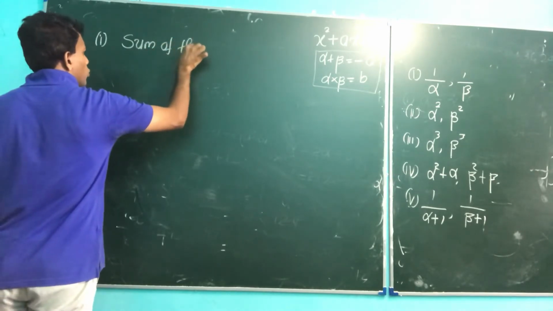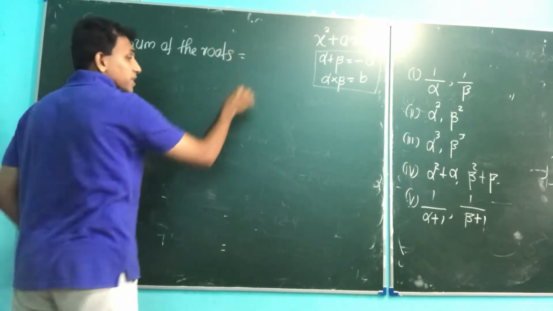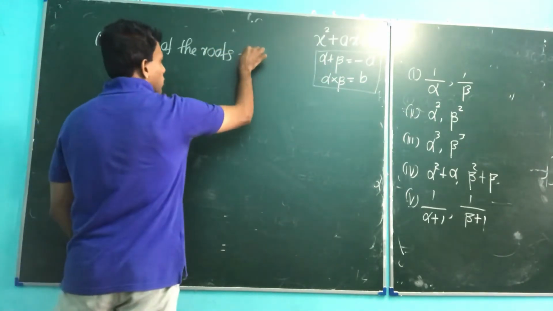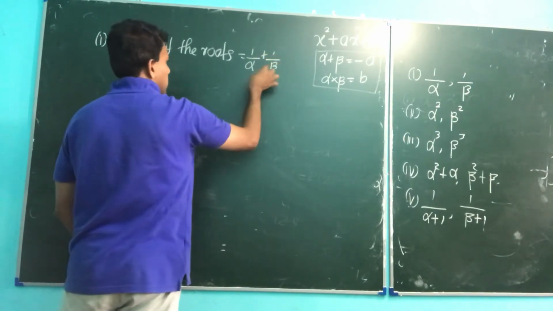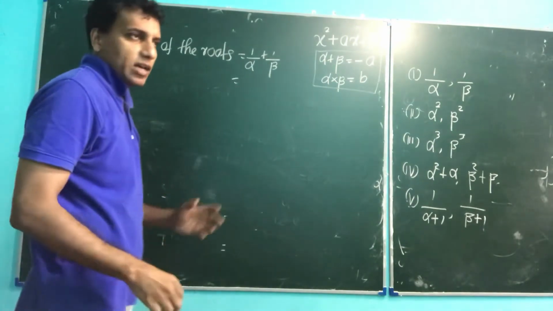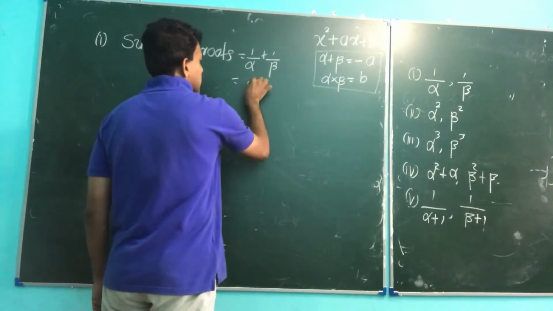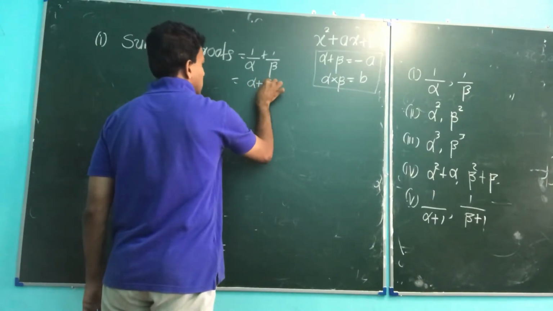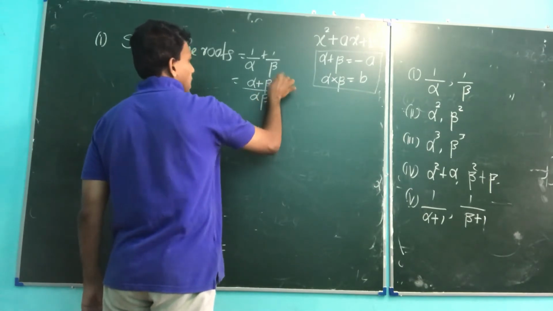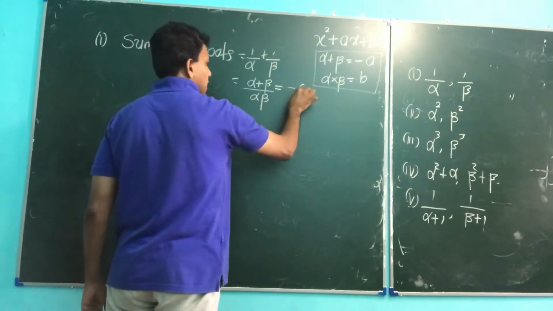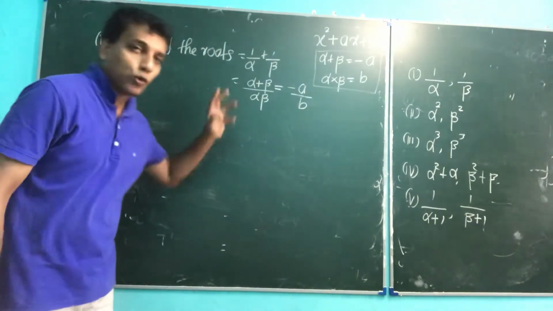One root is 1 over alpha, the other root is 1 over beta. Now simplify 1 over alpha plus 1 over beta using LCM: alpha plus beta over alpha beta. Alpha plus beta is minus A over B. So this is the sum of the roots, right?